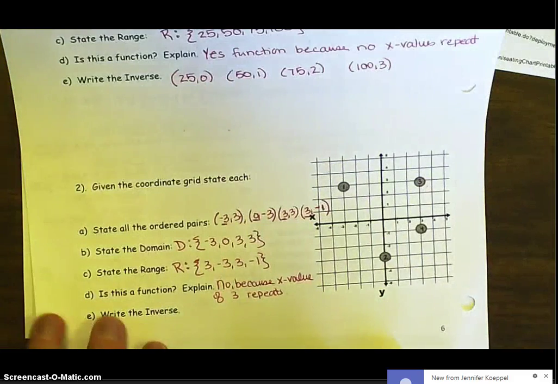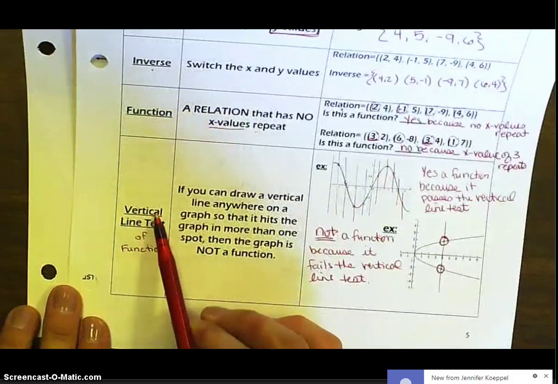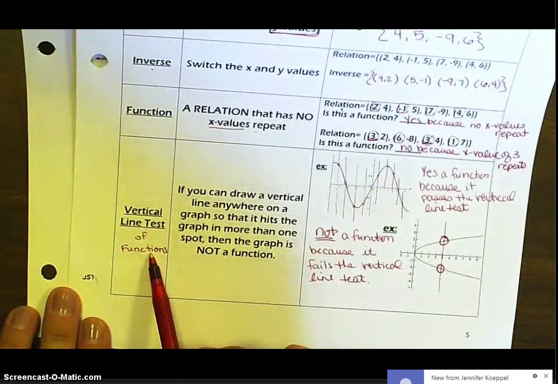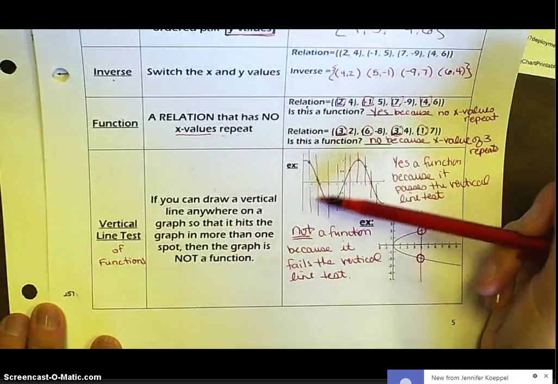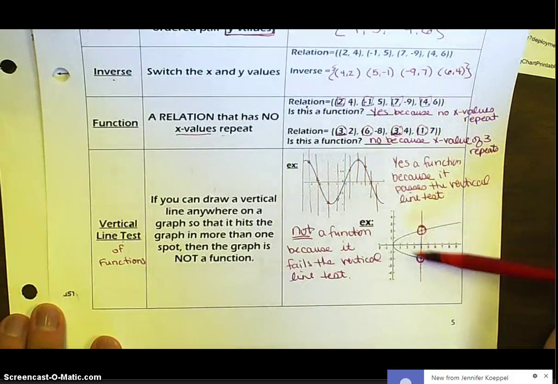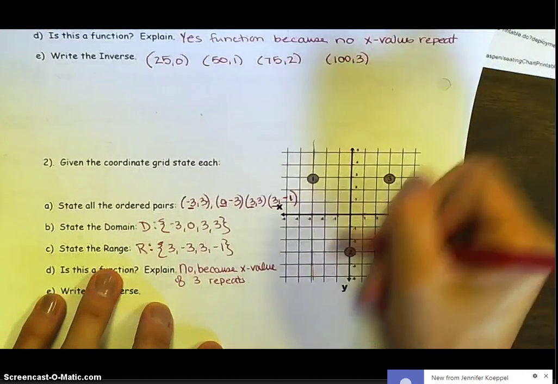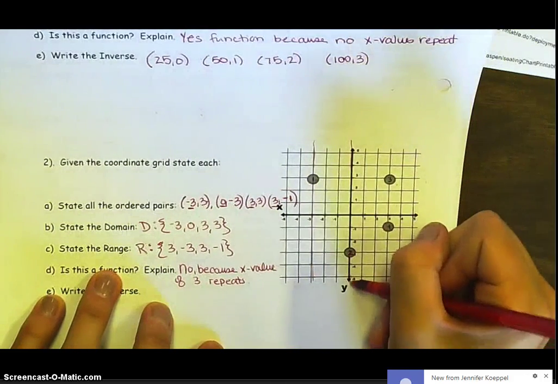Now the other way that we could test this is by looking at the graph. So remember, the other way that you can test it is doing the vertical line test of functions. So if you were to draw a vertical line, it should only touch once. If it touches twice, then it's not a function. So let's go take a look. If I draw a line here, it touches once. If I draw a line here, it touches once.